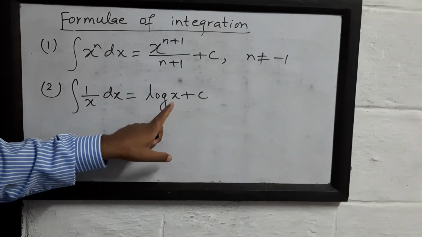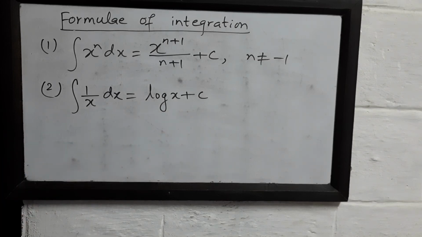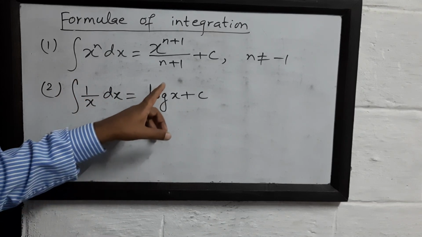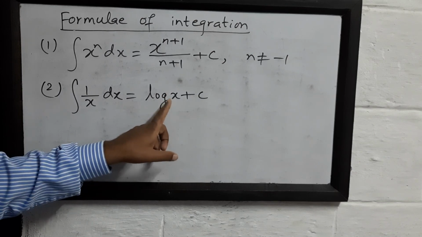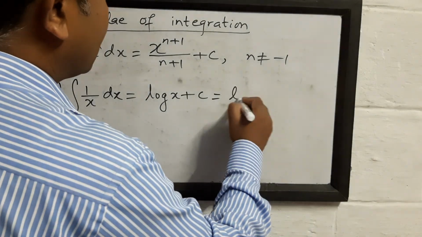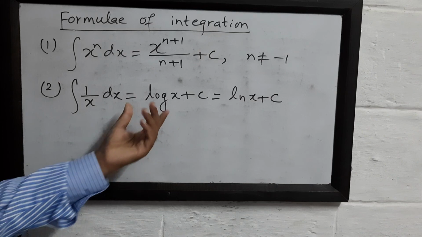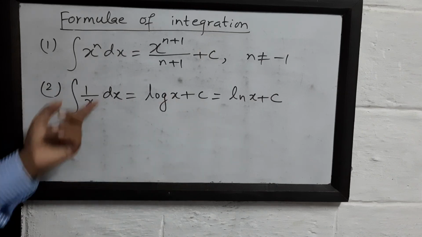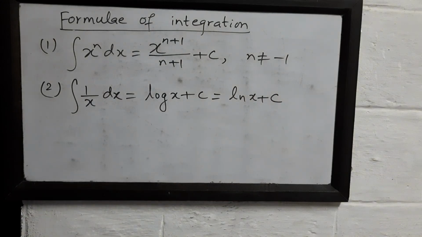Here, if the base is not given, we should understand that its base is e. But on a calculator, if only log is written, we should understand that its base is 10. But in books, if log is written and the base is not given, we should understand that its base is e. So you can also write this as ln x plus c. So ln x plus c or log x plus c, that is the same thing.